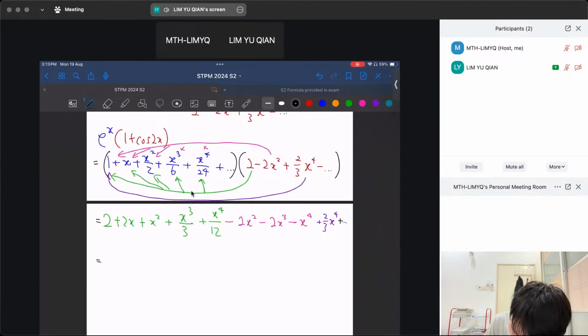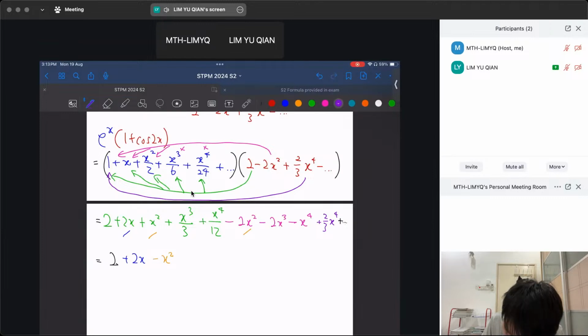Combine them. Constant 2, x just 1 x only. Okay, x squared minus x squared. x power 3: minus 2 plus 1 over 3, minus 5 over 3 x power 3.